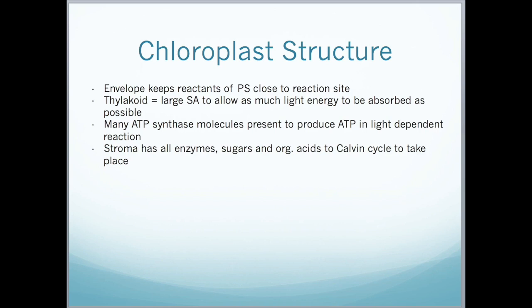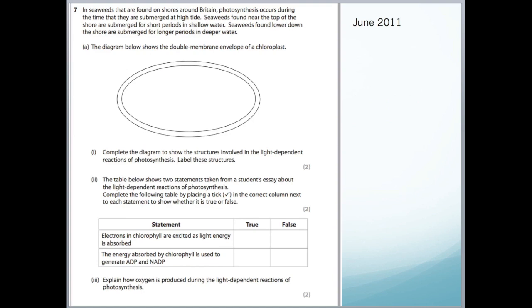So I hope to finish off, we would look at some past papers. First of all, let's look at this question from June 2011. The diagram here is showing the double membrane envelope of a chloroplast, and the first question is asking us to complete the diagram to show the structures involved in the light-dependent reactions of photosynthesis, and we're also asked to label these structures.